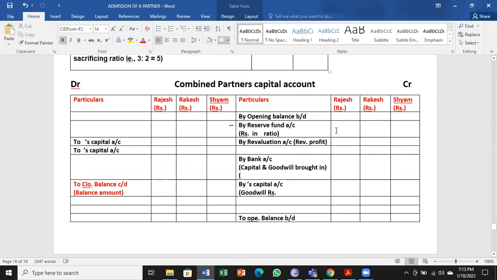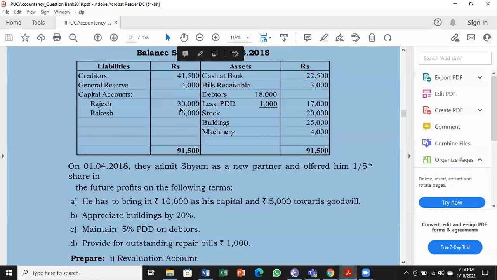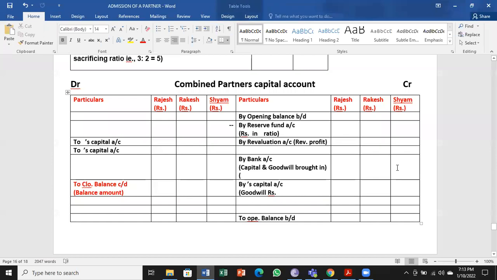Next, coming to the combined partners capital account. So I have three capital accounts, Rajesh, Rakesh, and Shyam, as combined partners. Always we have to start with the opening balance brought down. The capitals are on the liability side, so here also. Rajesh 30,000, Rakesh 16,000, and Shyam is nil because he is not yet a partner.